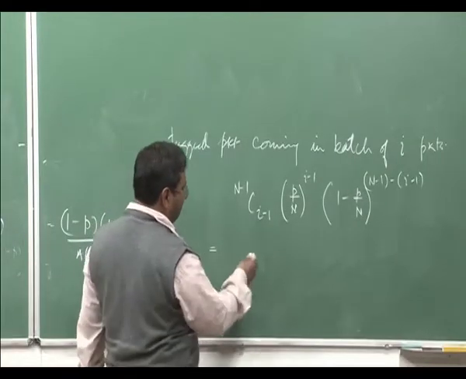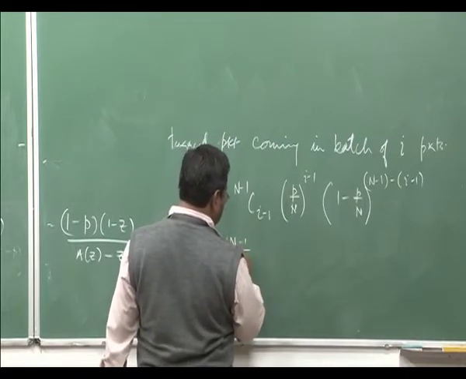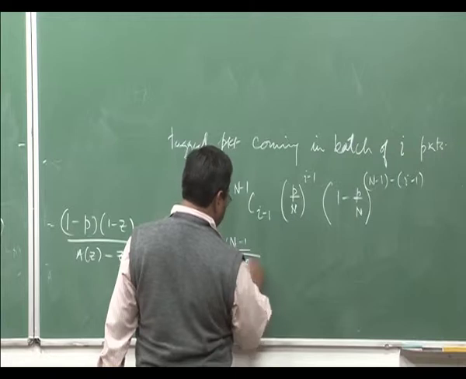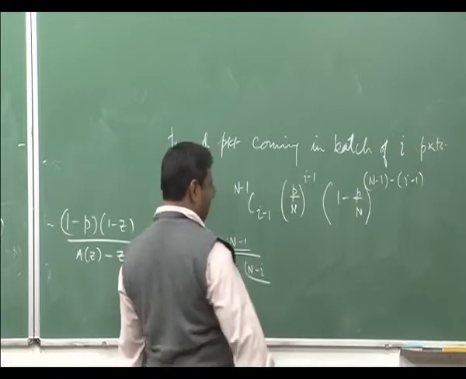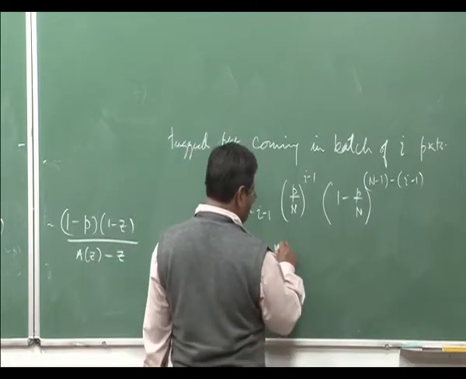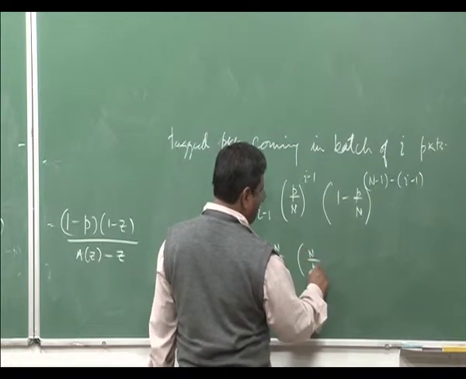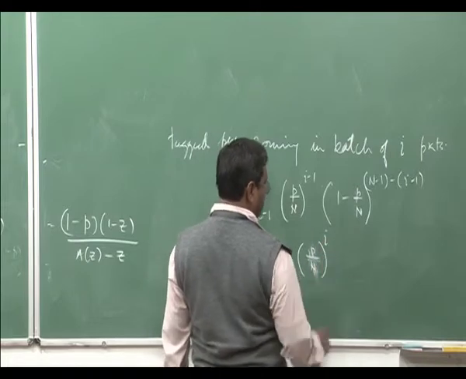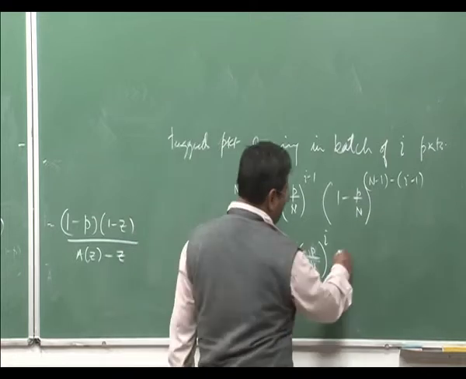So, you can solve for this, it is pretty simple. (N minus 1) factorial over (I minus 1) factorial and (n minus I) factorial. This I can write as n by p, where I have just taken the minus 1 here.